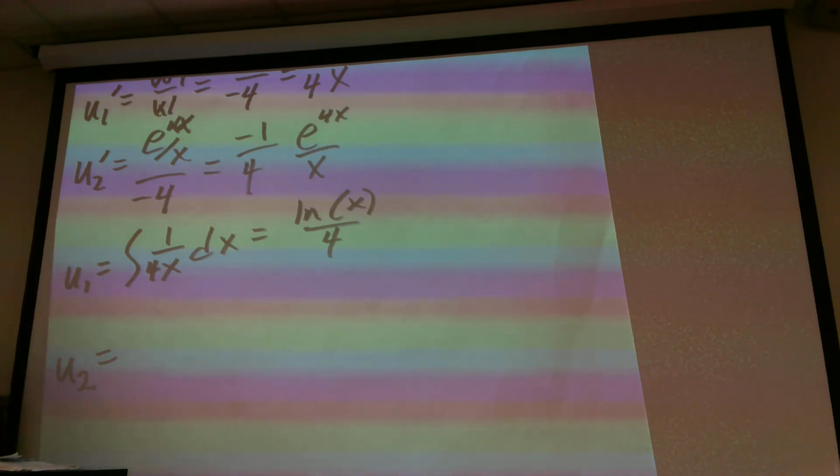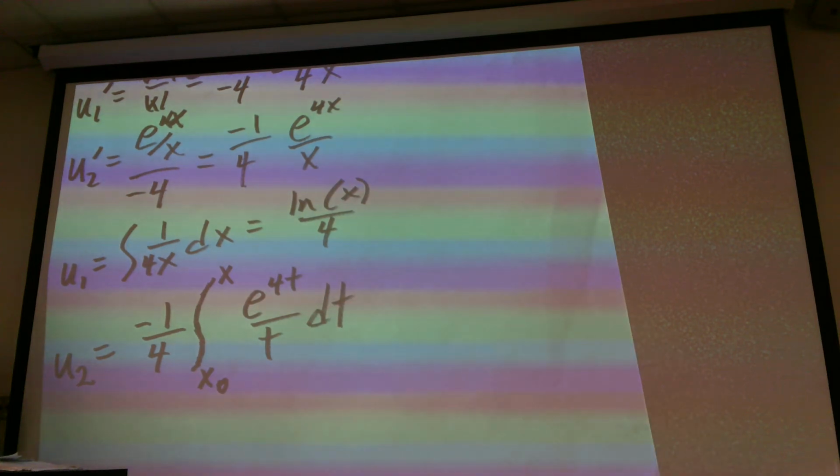So this is going to be negative 1 divided by 4 times the integral from some x naught to x of e to the 4t divided by t, and this is an integral with respect to t.